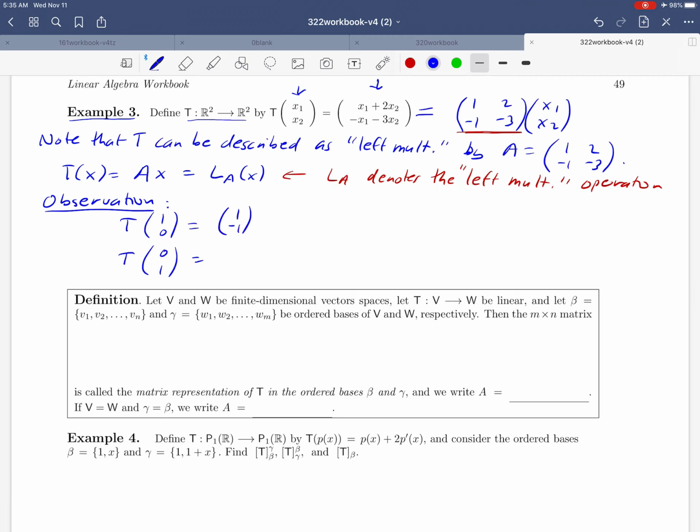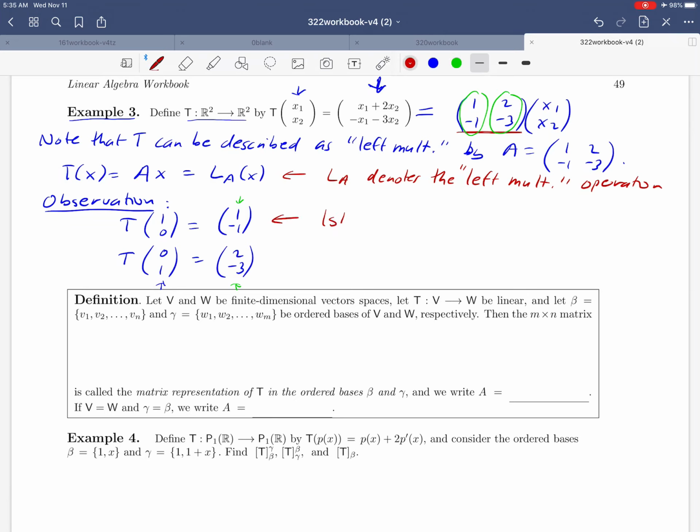Similarly, T of 0, 1: make x1 0 and x2 1, and we're going to get 2 and negative 3. Do you notice anything special about those two results? Notice that those are the columns of our matrix, right there.